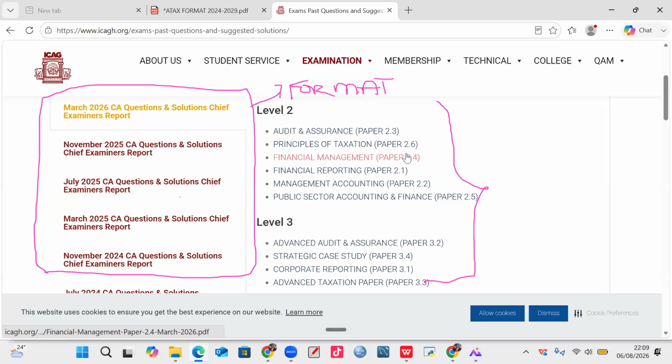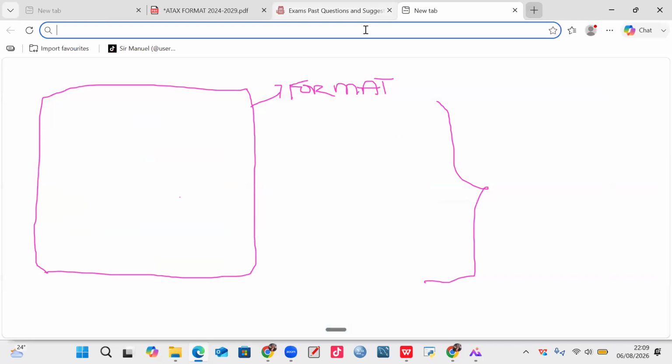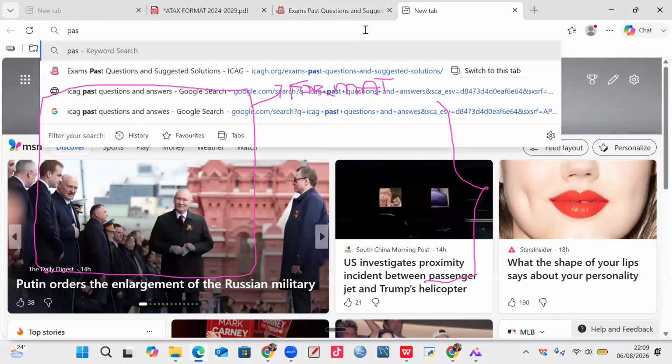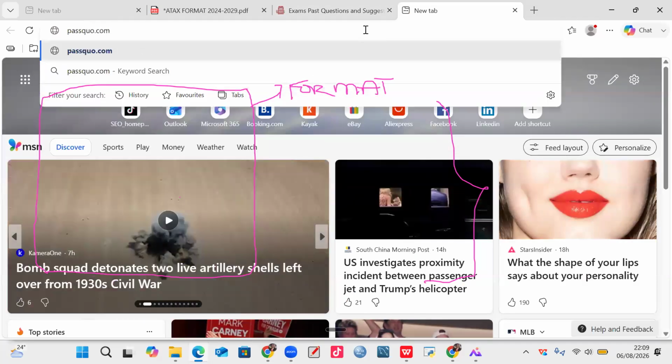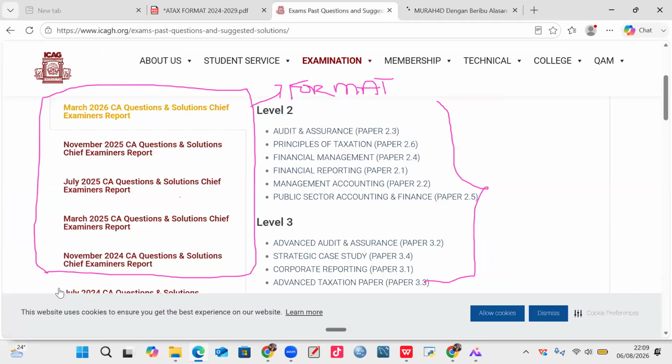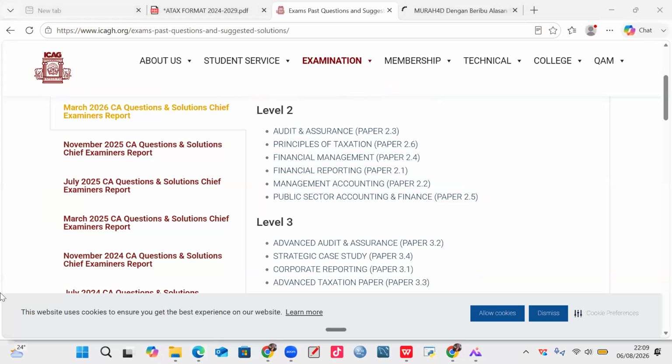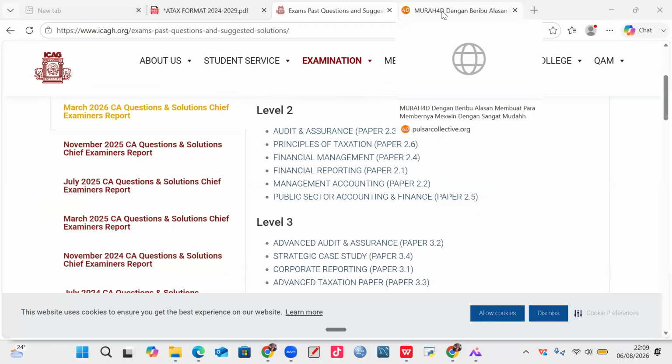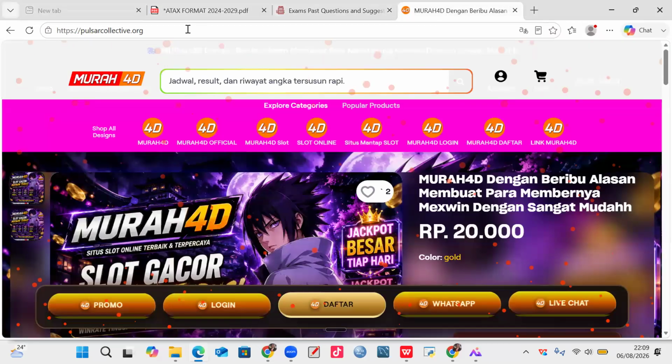Or there's another website. The website is, let me see whether it's functional, pasco.com. I used to use it some time ago. Let's see whether it's functional. I think the guy wasn't having money. He couldn't maintain it. Okay.